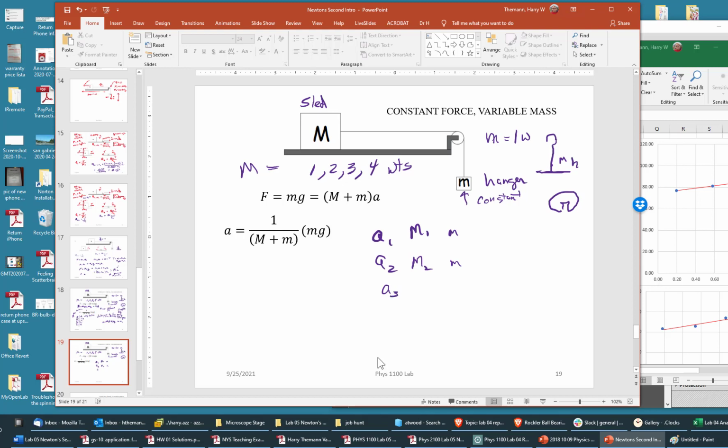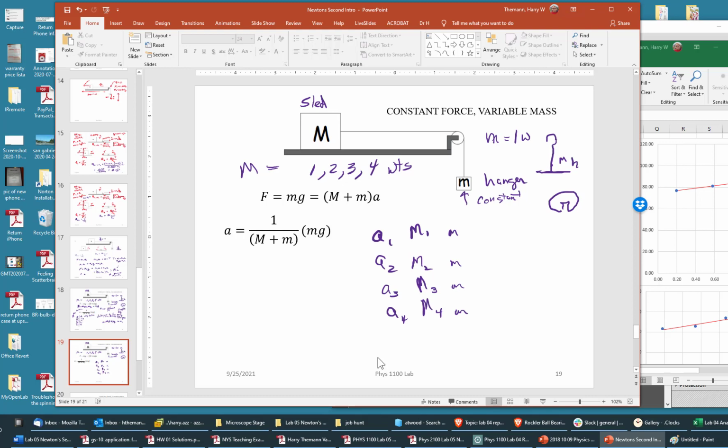And A3, capital M3, little m, A4, capital M4, little m. So then we're going to create a graph. Well, we're going to extend this table too. Let's keep it going then.